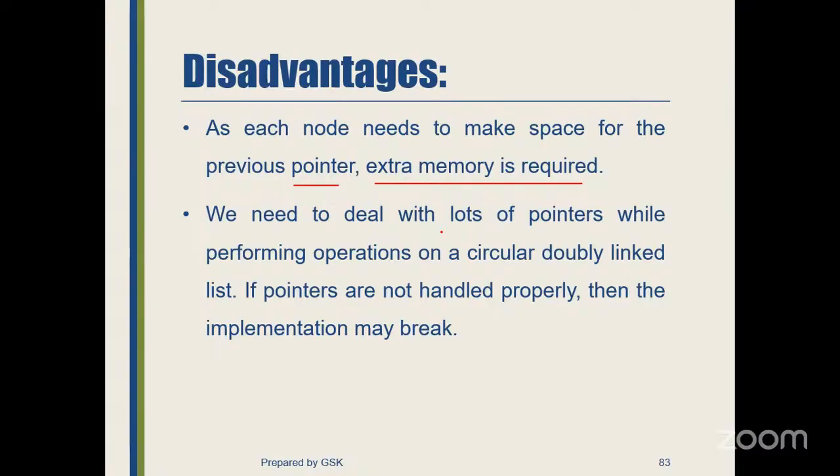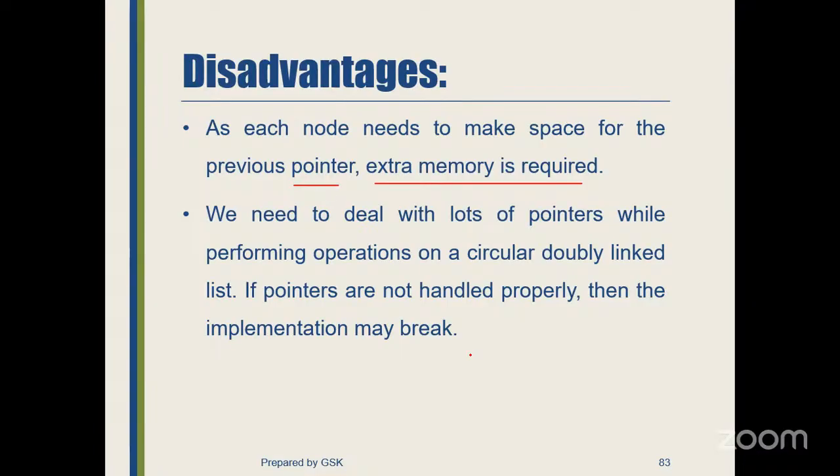We need to deal with lots of pointers while performing operations on a circular doubly linked list. If pointers are not handled properly, then the implementation may break. As we covered already, here we are maintaining a total of four links: previous, next, and tail to head is one link, and head to tail is another link.